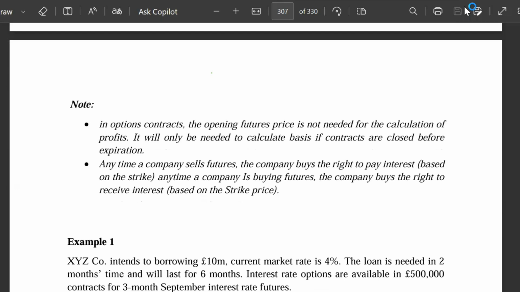Remember, for your currency option, you have the strike price and the closing spot rate. So basically you will be comparing the strike price with the closing spot rate to determine profit, because you cannot make a loss in option contracts.